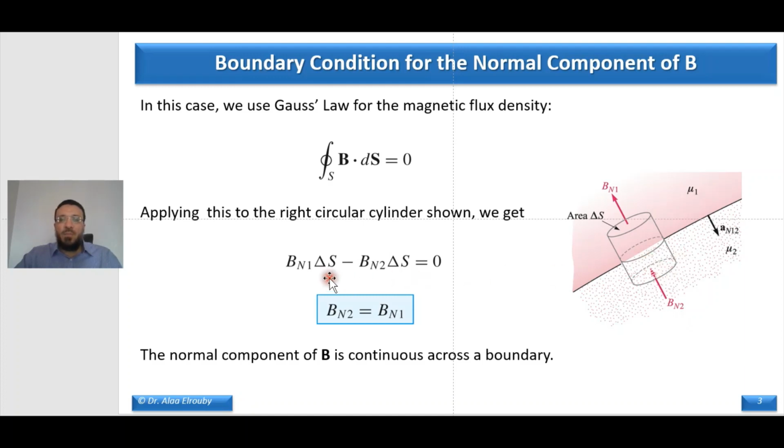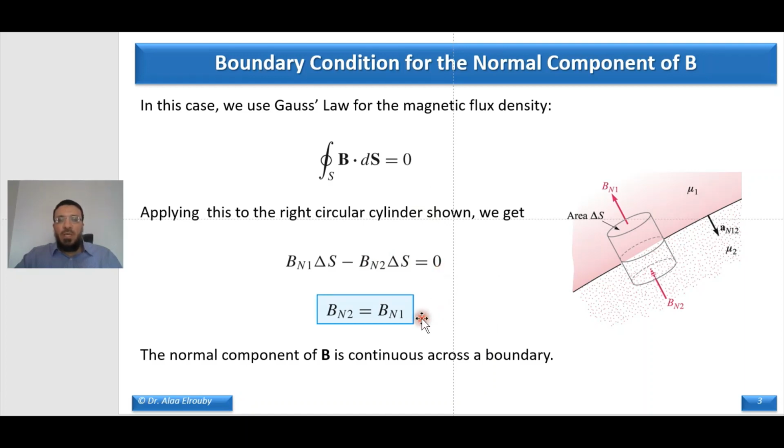So we have the normal component of field in medium 1 multiplied by the surface area of the base of the cylinder in medium 1 minus the normal component of field in medium 2 multiplied by the surface area of the base of the cylinder, and this equals 0.